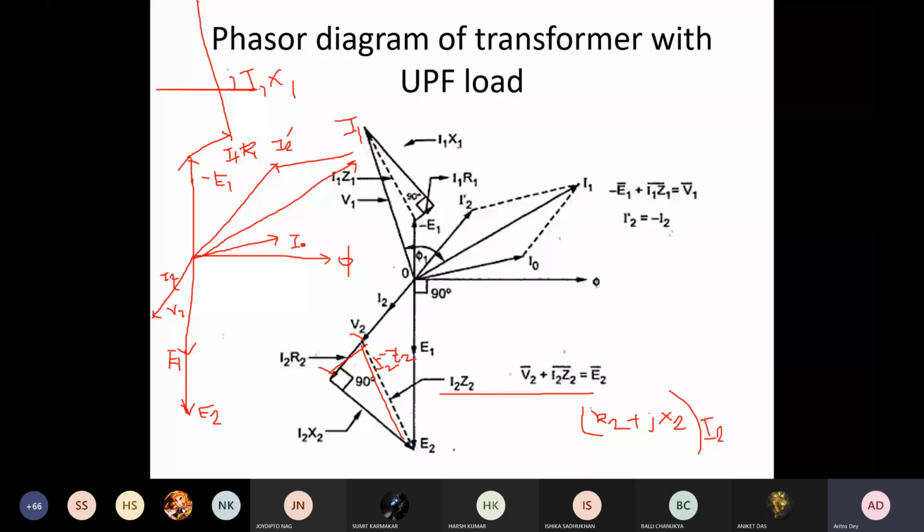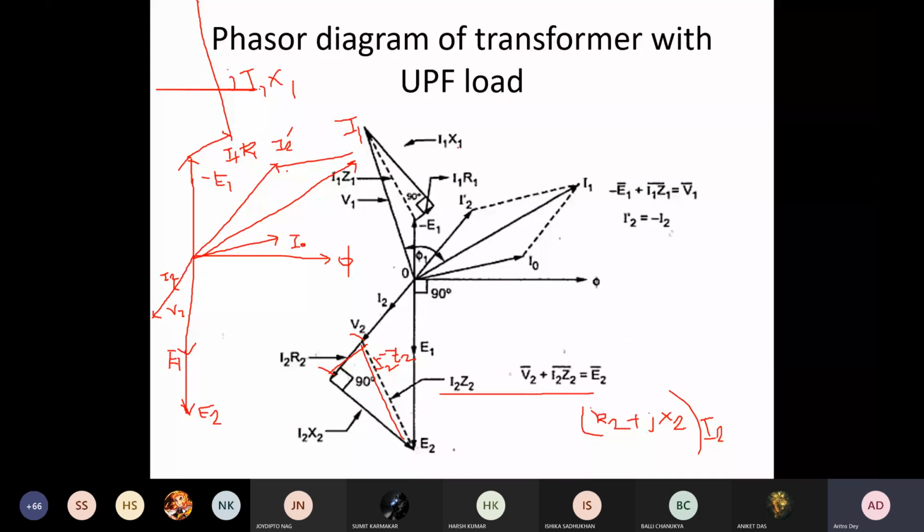Okay, so this is how we can draw it. Once we have the entire circuit parameters, we know the value of I2, which we get from the load itself. If we are told that we are using some kilowatt load, and it is purely resistive, then we can find I square R, or V square by R, and from there we get R, then I2, and we can get R2 and X2 from the characterization of the transformer.